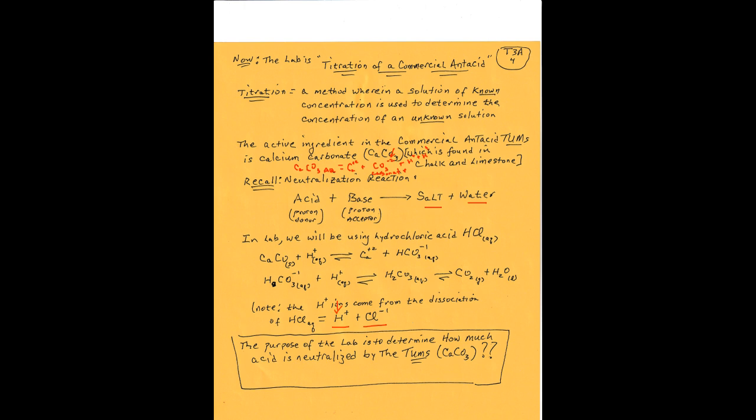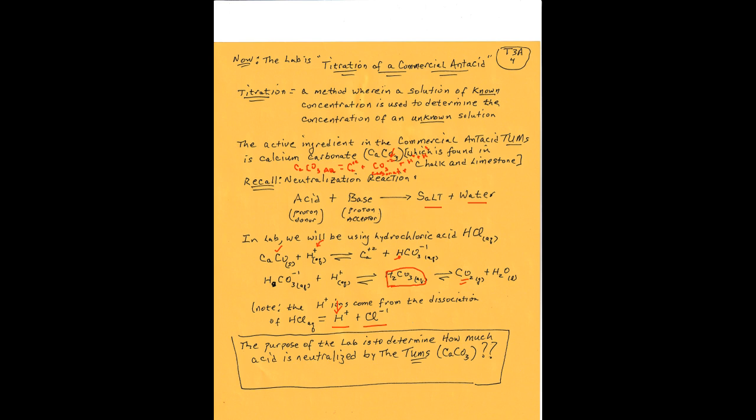Take that proton donated from the hydrochloric acid and add it to calcium carbonate. And if we do it twice, because this needs 2 protons, then we get H2CO3, which actually breaks up into carbon dioxide gas and water.